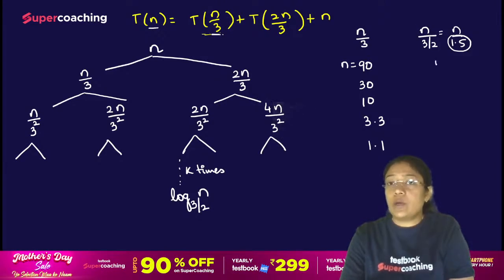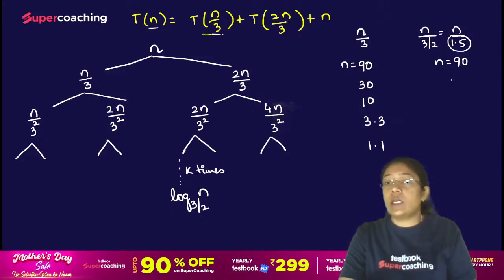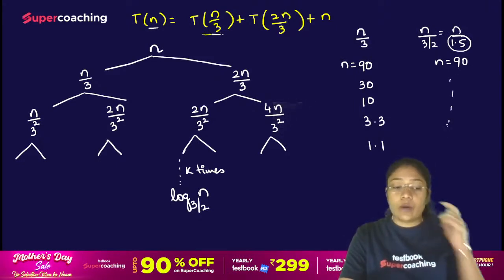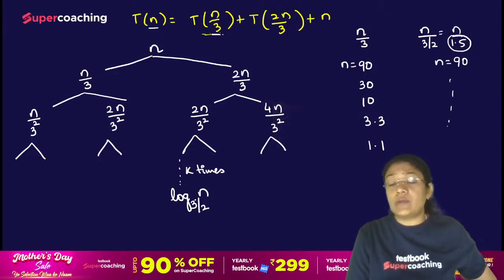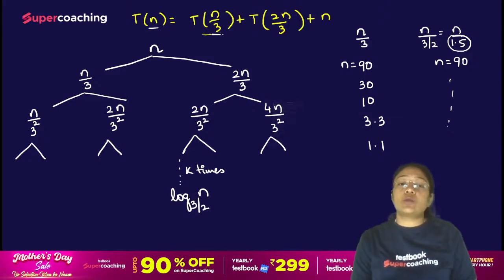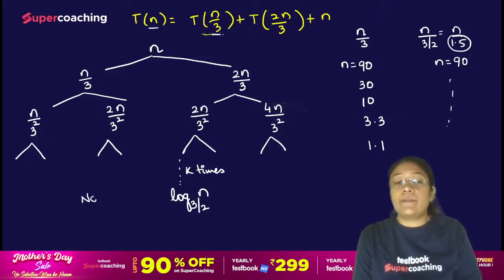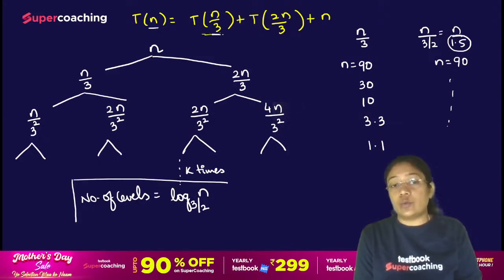And if I'm going to divide this by 1.5, 3 by 2, you can calculate it, and this is going to create more number of levels. So that's why we have to focus on the more number of levels. तभी हम time complexity find कर पाएंगे. So number of levels will be log n with the base 3 by 2.